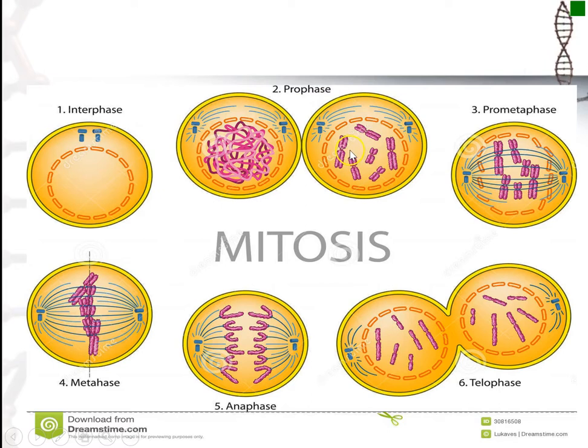Then they contract to the point that you can start to see them in prophase. By the end of prophase, in prometaphase, you start seeing them line up on the spindle. In metaphase, they're all lined up on the spindle. And then in anaphase, the chromatids separate. And then we have two identical cells.